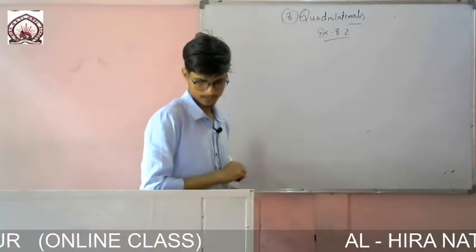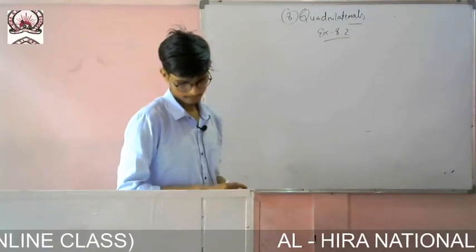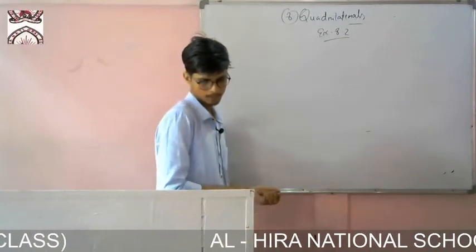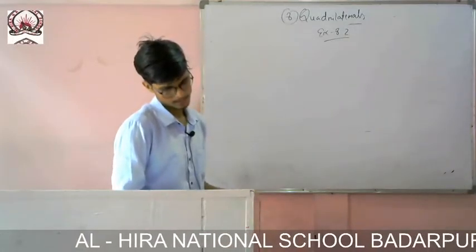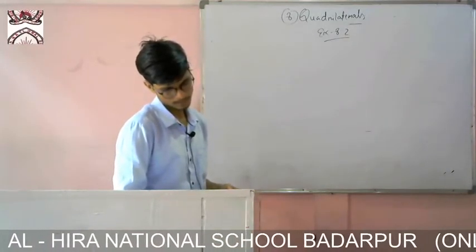ABCD is a rhombus, given, and P, Q, R, S are the midpoints of the sides AB, BC, CD, DA respectively. Show that PQRS is a rectangle.